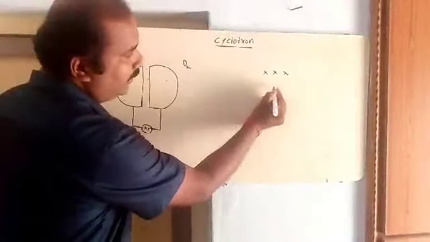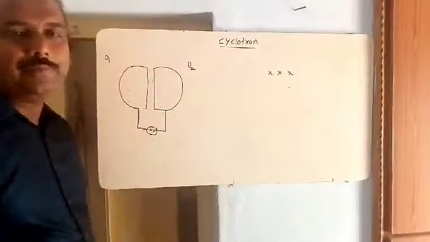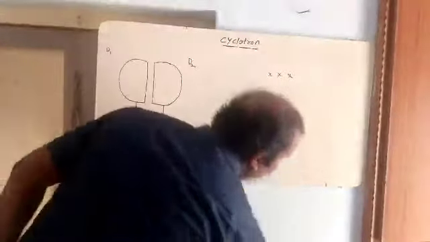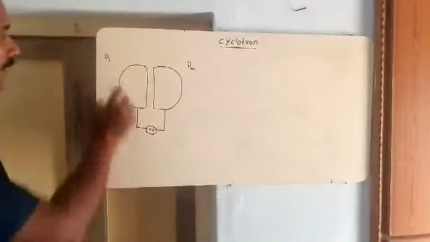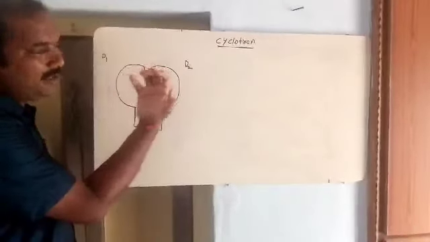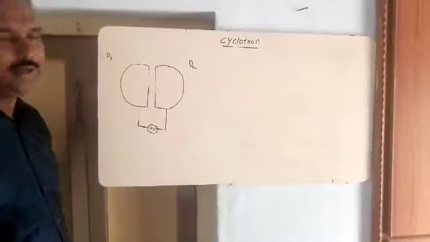If I draw dots, the magnetic field is perpendicular and out of the plane of the paper, or out of the plane of the board. Now here I draw the dots. The dot indicates the magnetic field is perpendicular to the plane of the board, but out of the plane of the board.